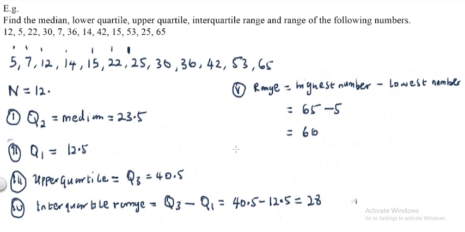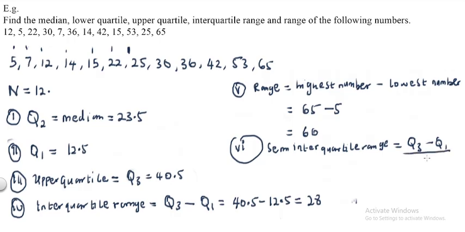Sometimes we are asked to find the semi-interquartile range. The semi-interquartile range is equal to Q3 minus Q1 over 2. We already know Q3 minus Q1 is 28, which is the interquartile range. So this is equal to 28 over 2, which is 14.